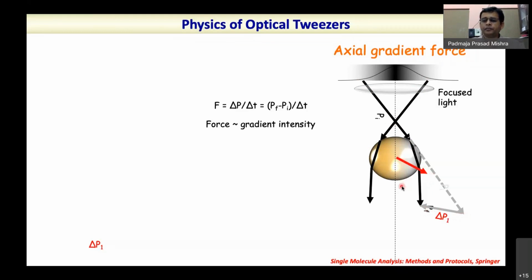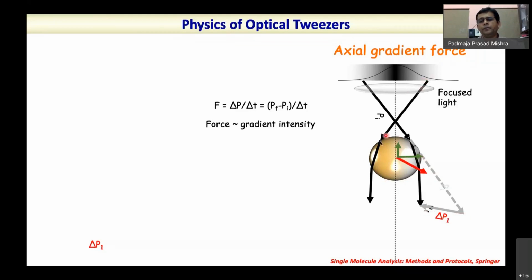Similarly, if we take another beam coming this way, we can resolve the resultant force, in two orthogonal directions, one in this way and one in this way.